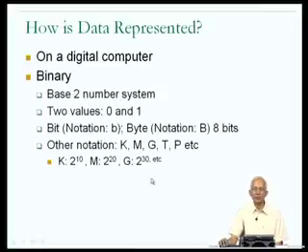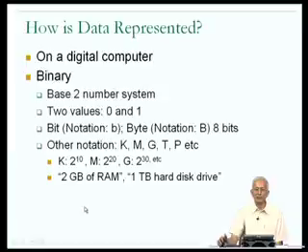So these are just notations by which we can describe huge collections of bits. For example, if you are buying a computer and you are told that it has 2 GB of RAM, which has to do with the memory of your computer, you now understand that 2 GB means 2 multiplied by 2 to the power of 30 bytes.